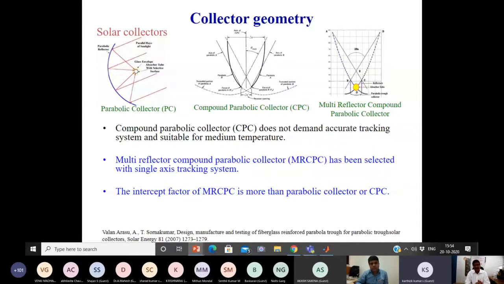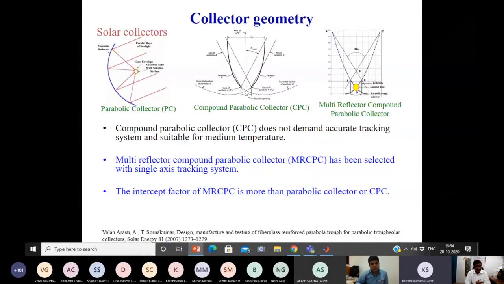Parabolic linear concentrating collectors demand a more accurate tracking mechanism, whereas the compound parabolic collector or multi-reflector compound parabolic collector requires less accuracy. Even 1 degree error it won't mind. There is not much problem associated with the compound parabolic collector.